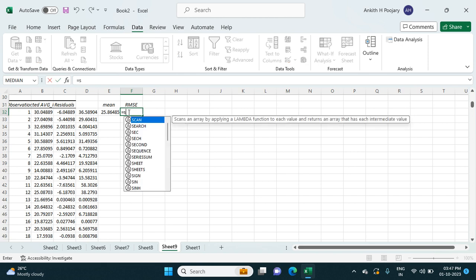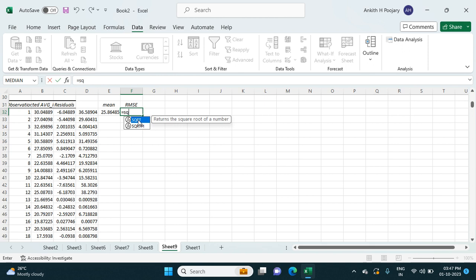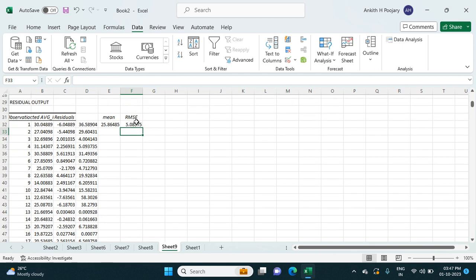The function is called sqrt. I will select this. Yes, I got it. So this is RMSE. RMSE means root mean square error: first I did the square, then I took the mean, then I took the square root. You will get RMSE.